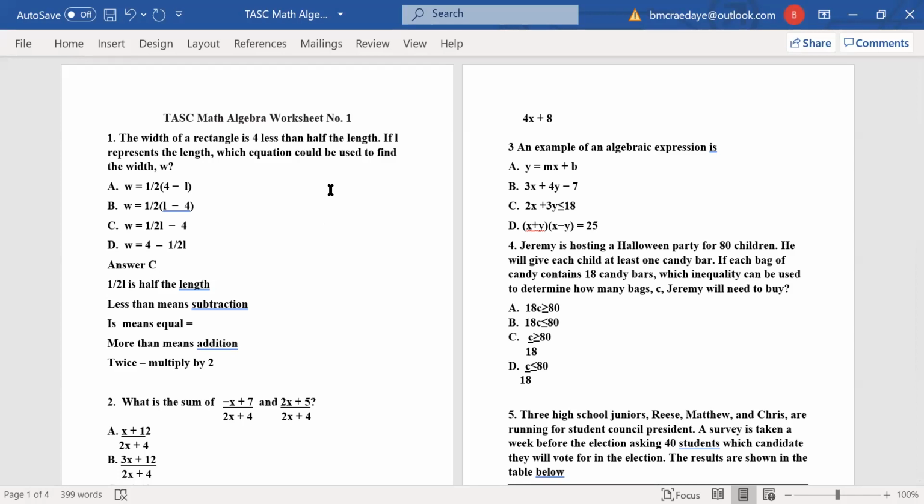So if you see one like this again, you'll be able to get it, right? At least you'll be able to eliminate certain answers, and that's how you can do well on multiple choice questions. If you can eliminate answers, then you can narrow your odds of getting it correct, because now you have 1 out of 2 versus 1 out of 4. All right. Let's look at number 2.